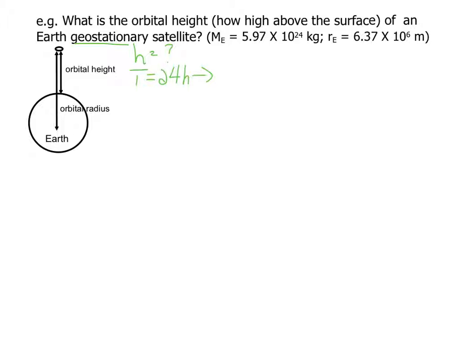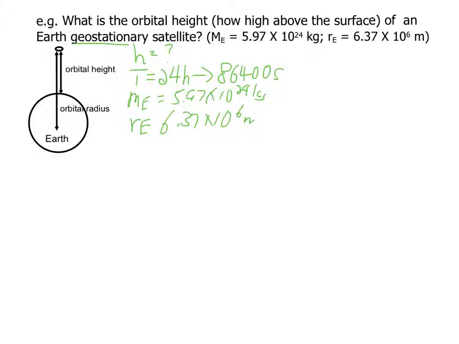When we convert that into seconds, it is 86,400 seconds. And we know the mass of the Earth is given to us as 5.97 times 10 to the 24 kilograms, and the radius of the Earth is 6.37 times 10 to the 6 meters.